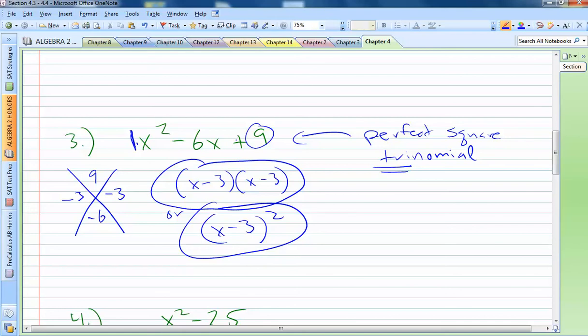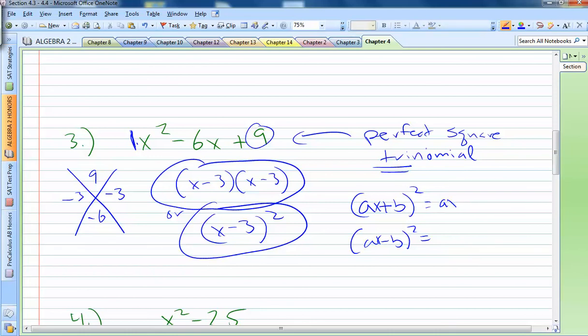So for perfect square trinomials, if you have a plus b squared or a minus b squared, we would expect something like this. Actually, hold on.